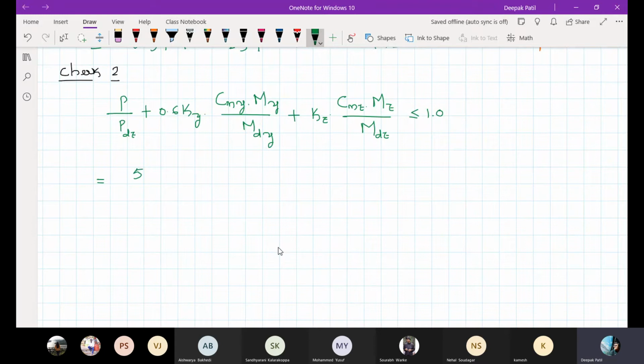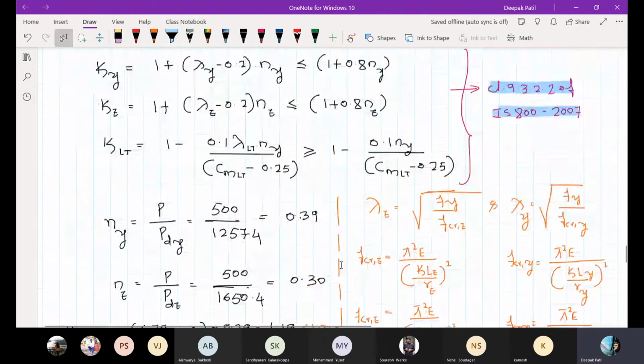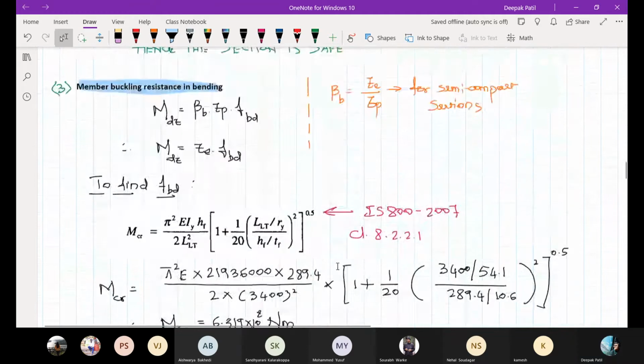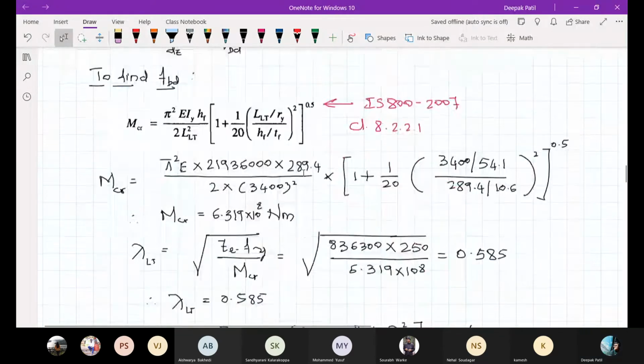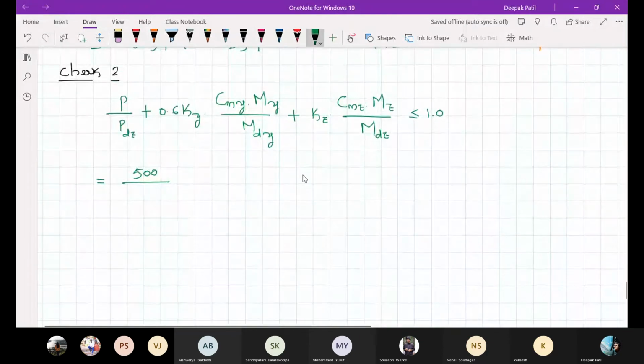So P is once again 500. Now let us see what is PDZ. PDZ is 1650.4, plus 0.6 times KY.